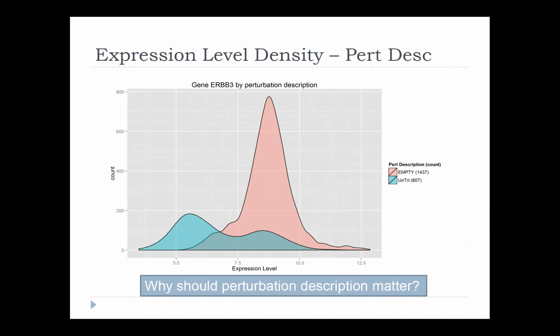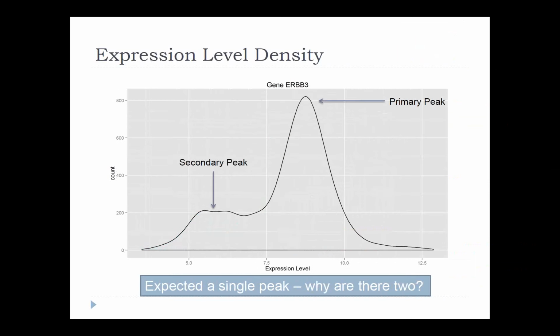Right. So this could be coming from any type of perturbagen, right? No. These are all subsets of the untreated. They all have perturbation type of untreated, which is UNTRT. I think it ended up being 3 different perturbation IDs.